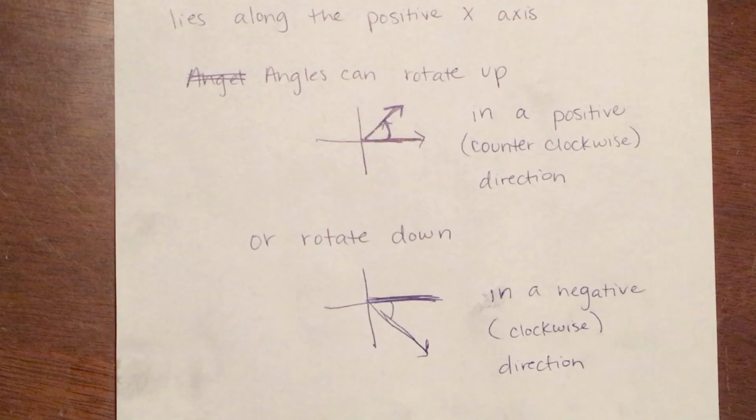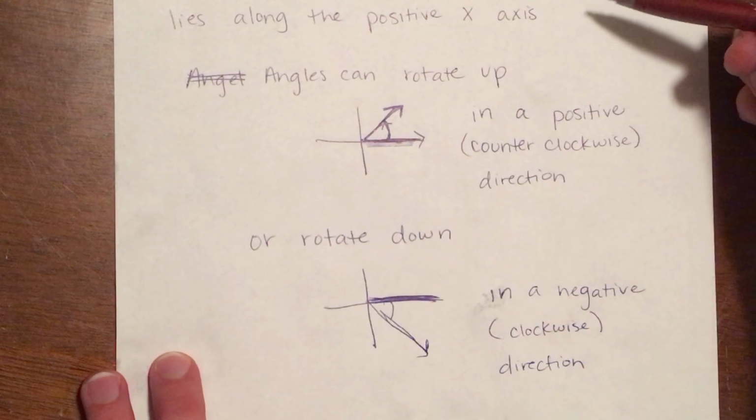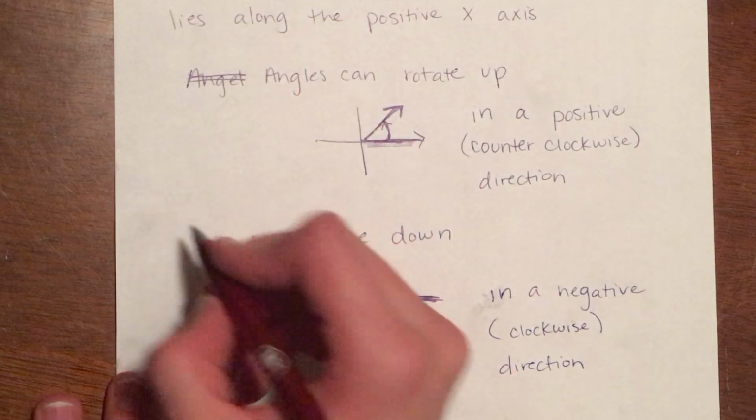All right, and then two more things. You don't really need to know this vocabulary word, but this side right here, where you start on the positive x-axis, is called the initial side.